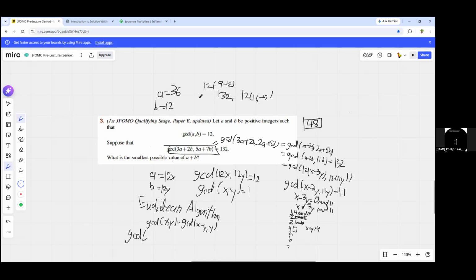So we just get the greatest common divisor of 132 and 4, which is also 132. So our tested values actually match the expression. So we're kind of done.